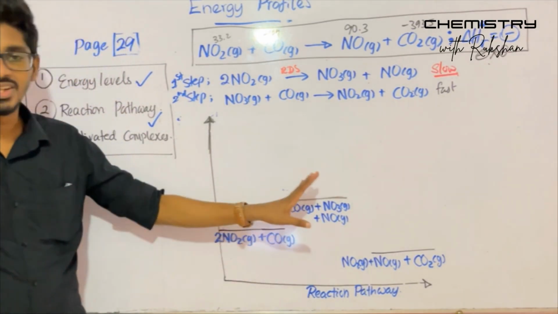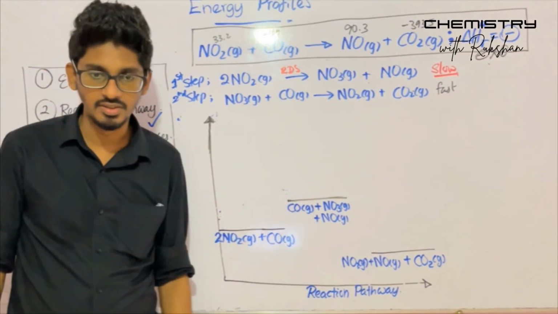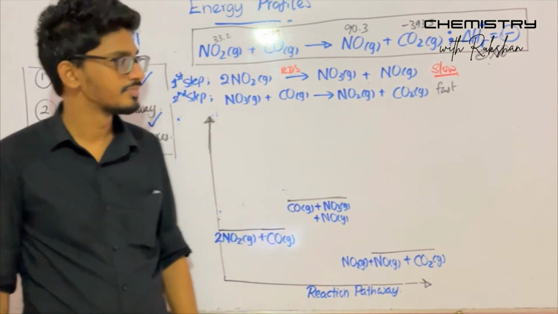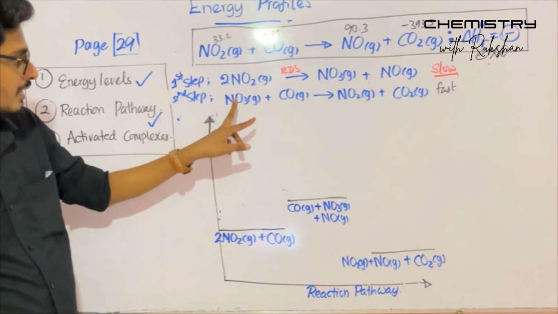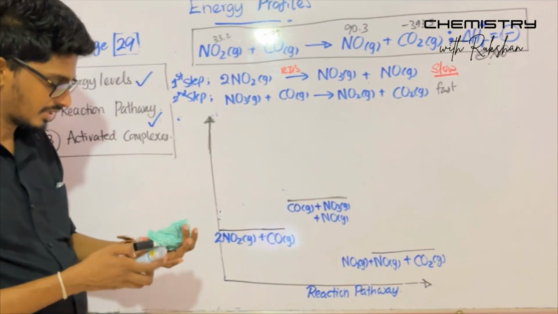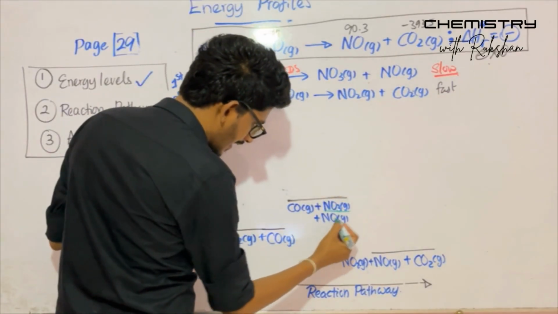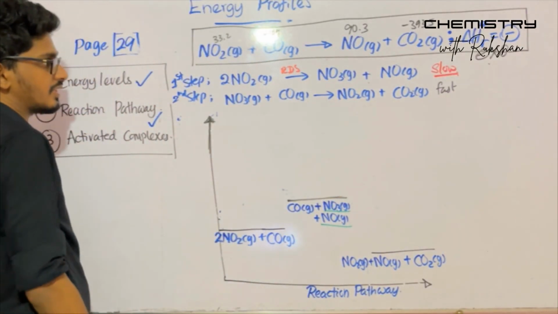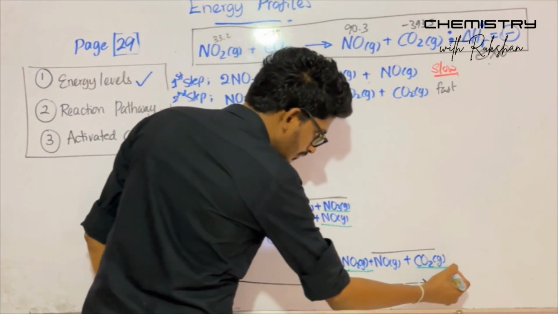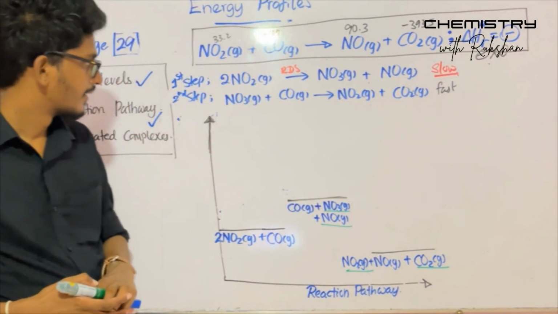So if you have done this correctly, if you have written the things correctly at the intermediate energy level, you should be able to come up with the second step as well. See, one NO3 and CO will give you NO2 and CO2. That is what happens here.